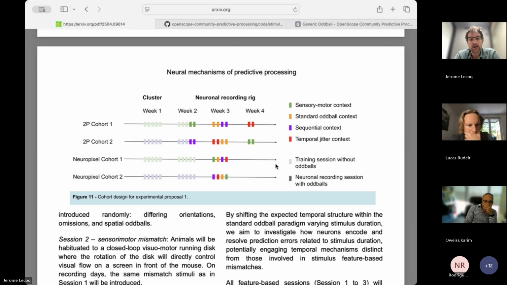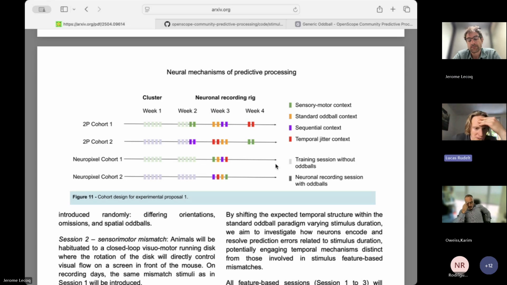The intent is to present only one of the mismatch blocks per session and then share the controls. So one day you do one of the contexts and the next day you go back to the same animal and change context. In 2-photon, that would allow you to record the same cells. In Neuropixels, that will likely be different cells, but we'll do new insertions.